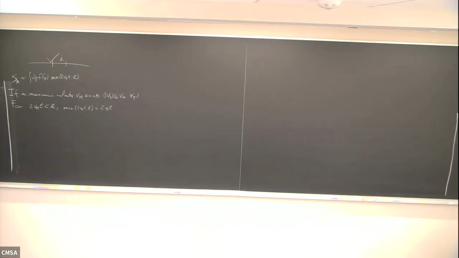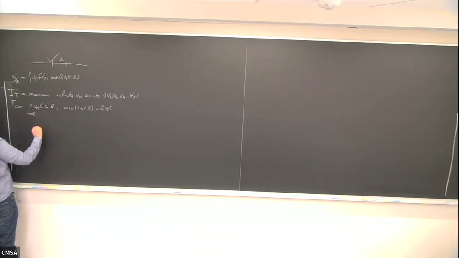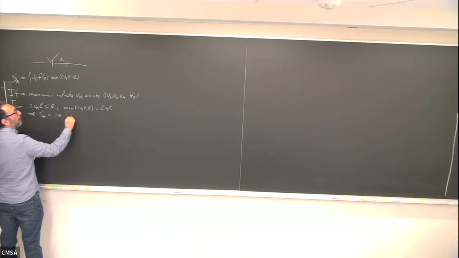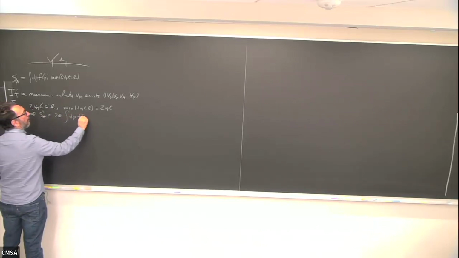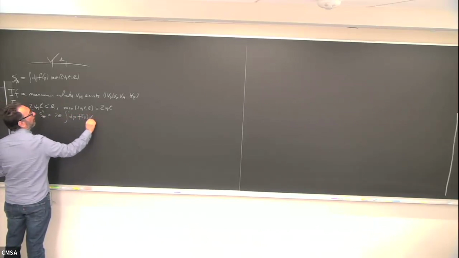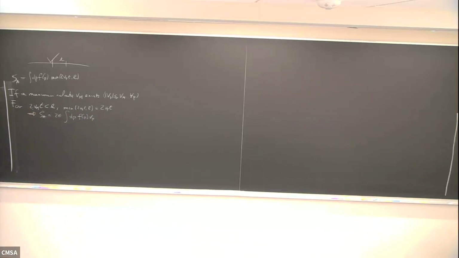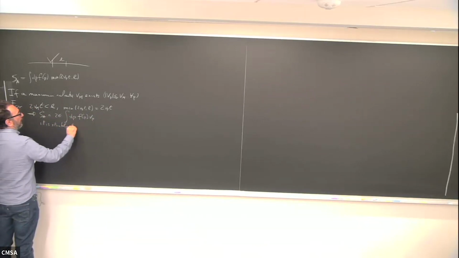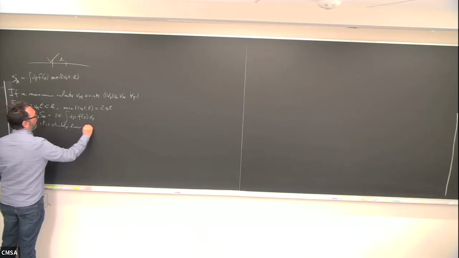That's almost a tautology, which means that for t smaller than L over 2v_M, the entanglement entropy S_A is equal to 2t times the integral in dp of f(p) times v_p. So it is strictly linear in t.